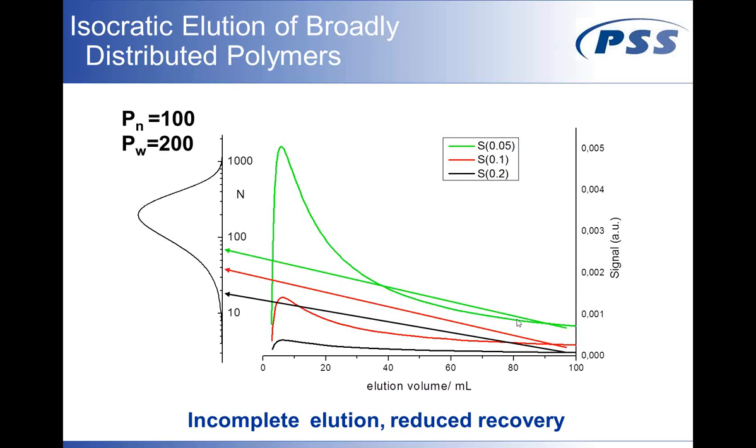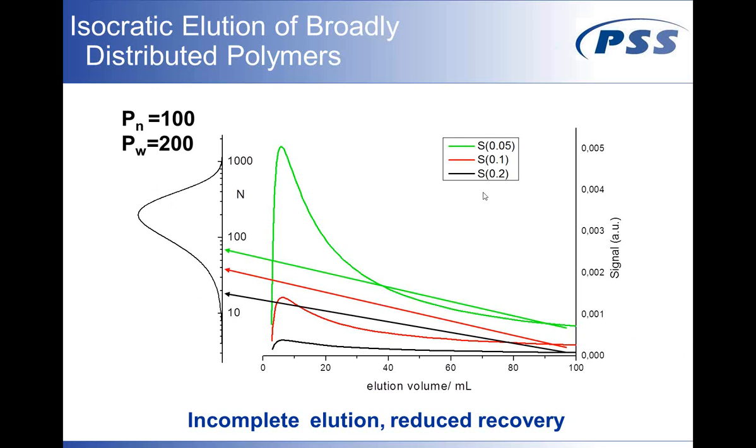And the major part of the molar mass distribution will elute even longer, and you will not see it from the column again. If you go to even slightly higher retentions of the repeating units, you basically have only a fraction of your molar mass distribution eluting under isocratic conditions from the column.